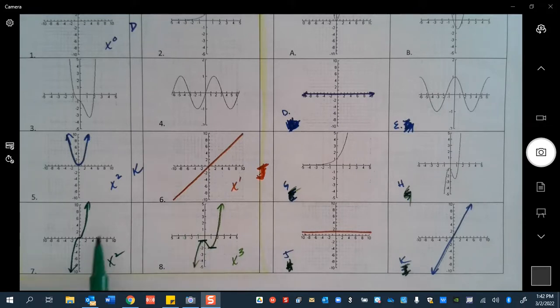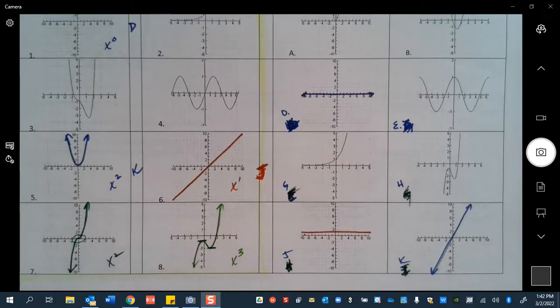This one only has this hiccup. It's not necessarily a minimum or a maximum because the graph doesn't have a hill or a valley. So I don't have values above or below that critical point.